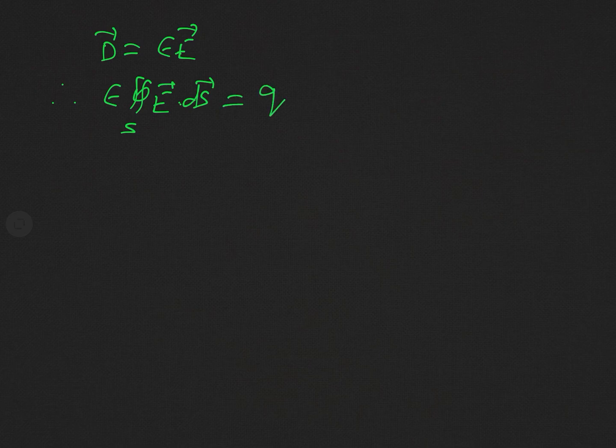In electrostatics, we study D is equal to epsilon into E, where epsilon is the permittivity of the medium, and therefore we can write the above equation, as epsilon is constant, as epsilon integral over S E dot dS, and this is equal to Q.